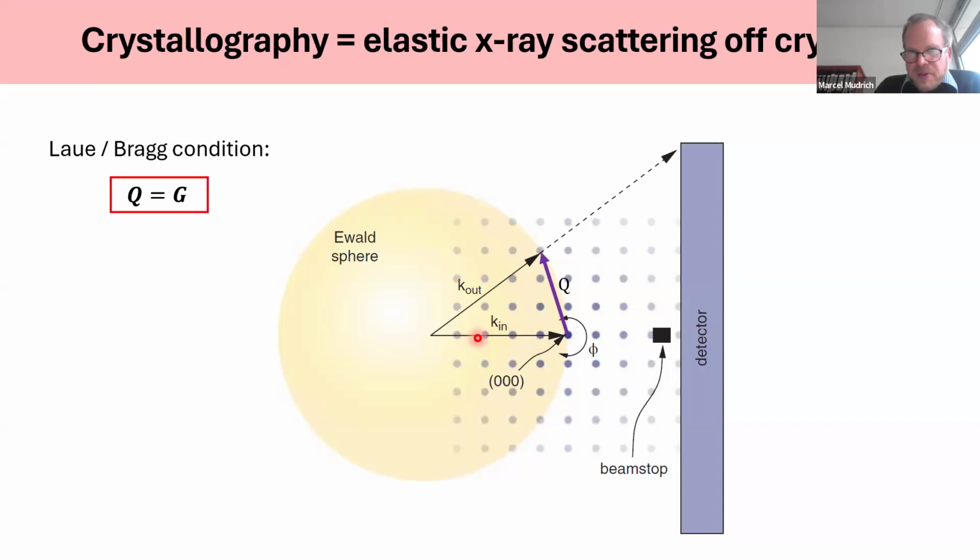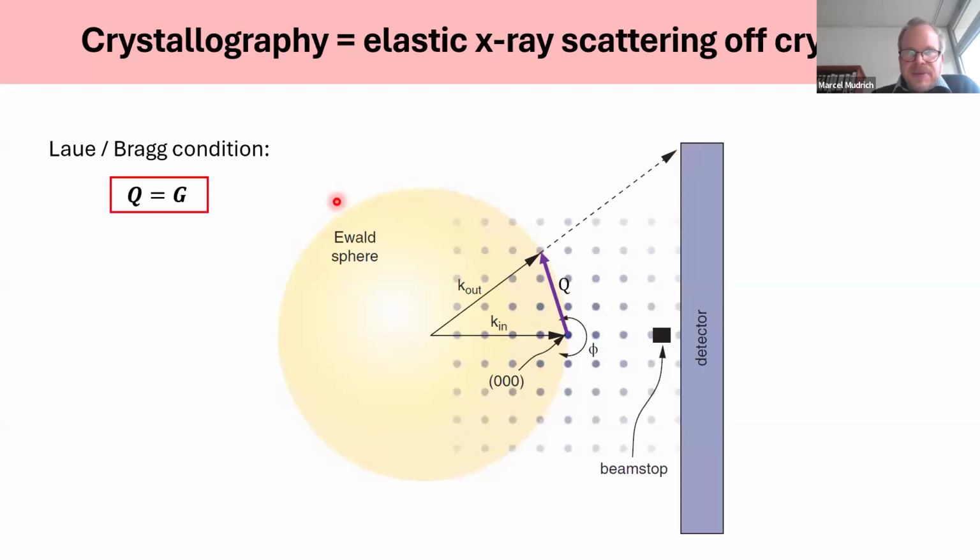Then exactly for this angle, where Q equals the reciprocal lattice vector drawn here, we expect to see a maximum in the scattered light intensity at that point on the detector plane.